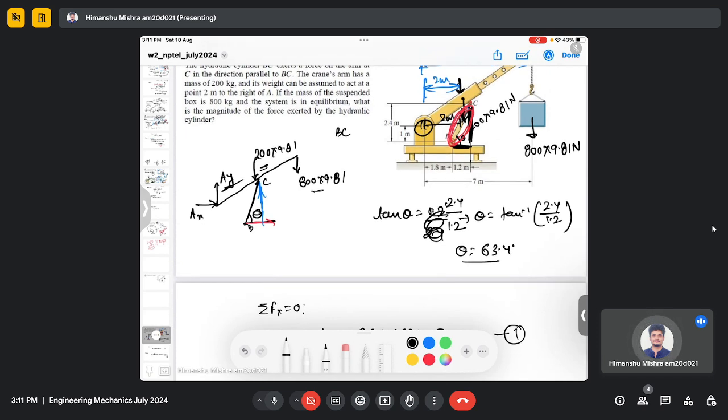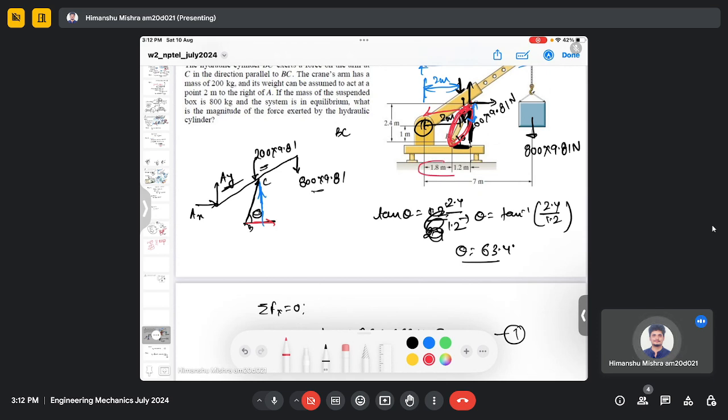For the horizontal case, this is my horizontal force and this is my vertical component, right? For the horizontal force, the perpendicular distance is this, and for the vertical force, this is my perpendicular distance for force BC.